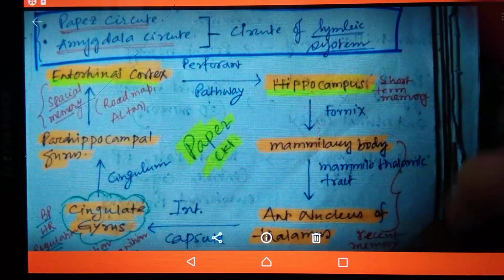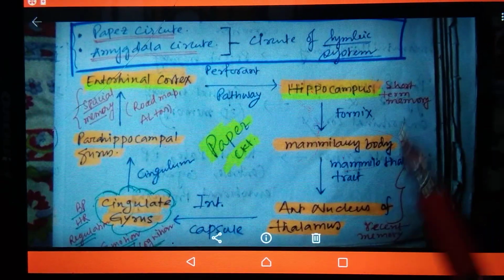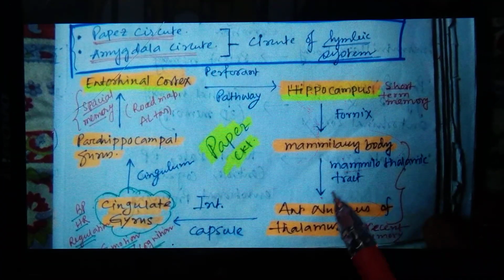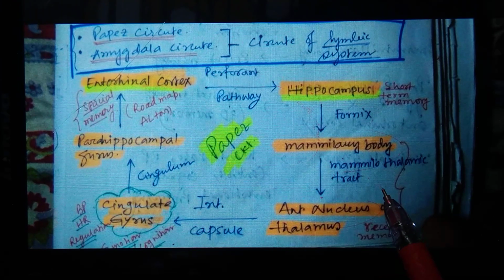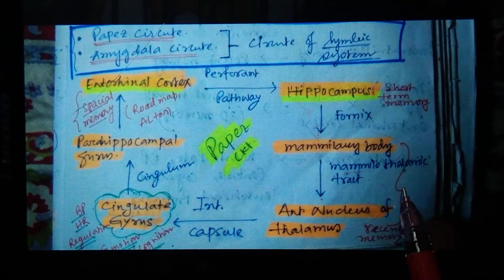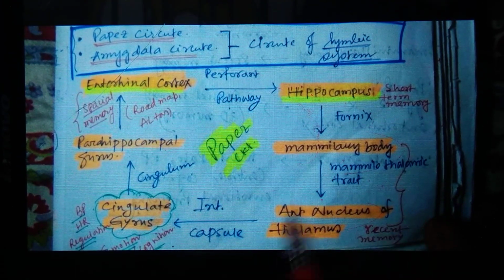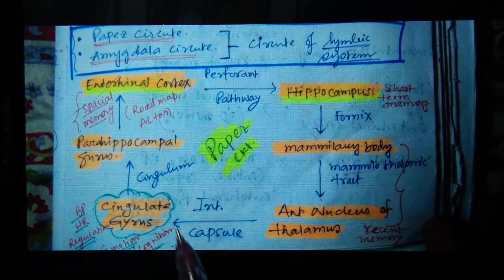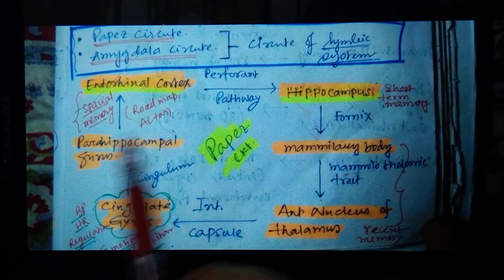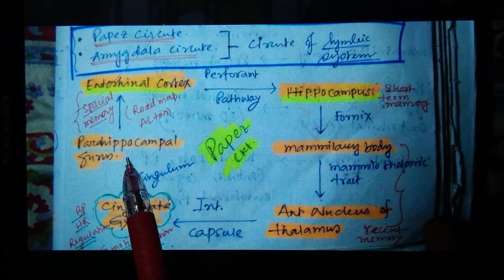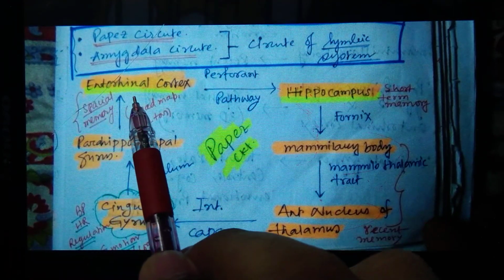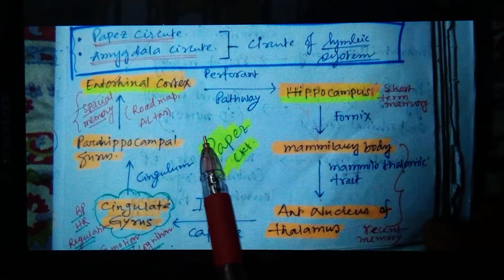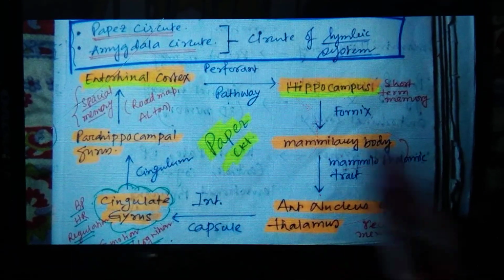So these white fibers are called fornix. And then from the mammillary body to the anterior nucleus of thalamus via the mammillothalamic tract. And then from the anterior nucleus of thalamus to the cingulate gyrus, and then from the cingulate gyrus to the parahippocampal gyrus, and then from the parahippocampal gyrus to the entorhinal cortex, and then from the entorhinal cortex to the hippocampus. This is actually the Papez circuit.